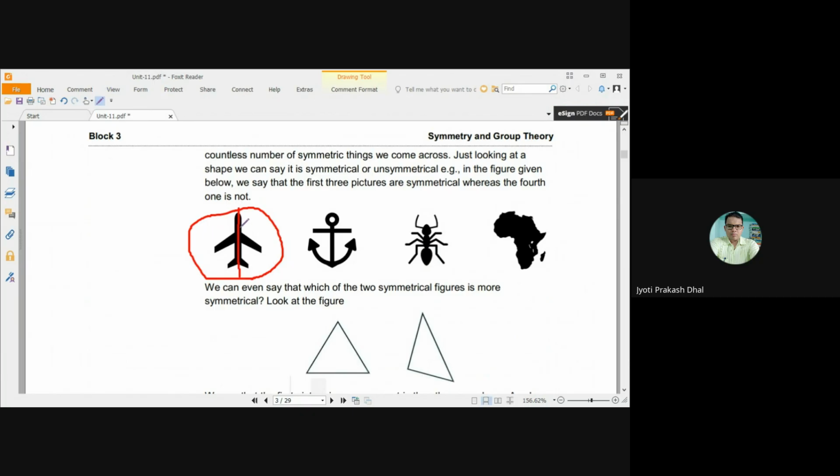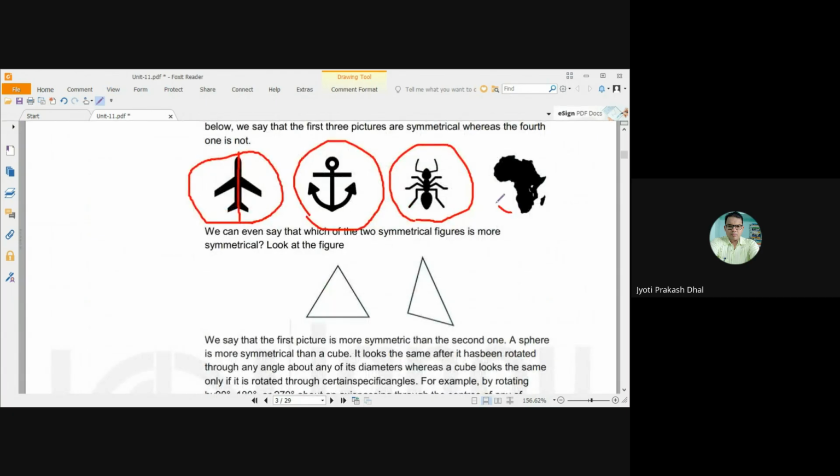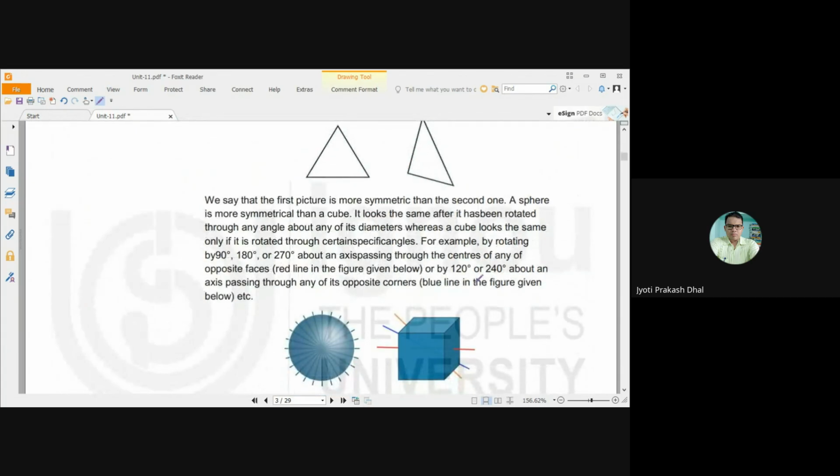So that is the symmetry axis passing through the object. Similarly, the second object is also symmetric, the third object is also symmetric, but the fourth one is not symmetric. That means there is no symmetry axis passing through the image.